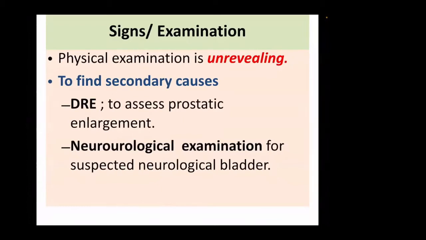The DRE will give you an idea about the enlarged prostate. If there's a history of neurological damage, for example spinal cord injury, stroke, and other situations, then please do the neurological examination of urology that I've taught you, mainly focusing on the bladder. Do that.